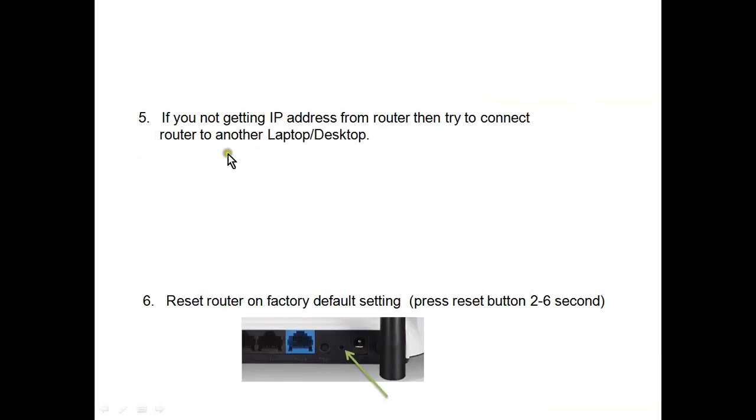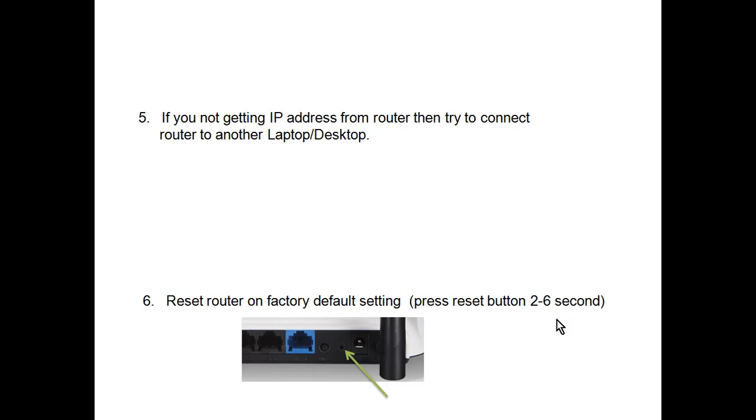And if you are not getting an IP address, we can connect our router to another laptop or desktop, because sometimes the LAN card of our laptop or desktop might have some problem.